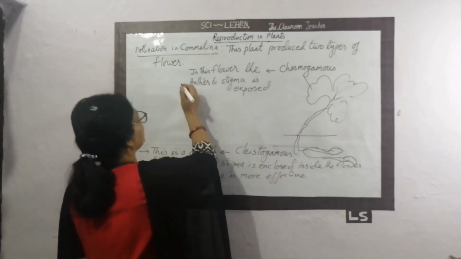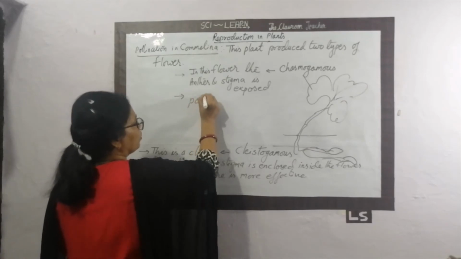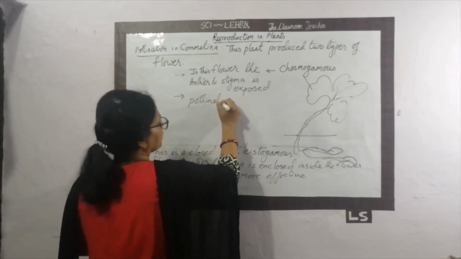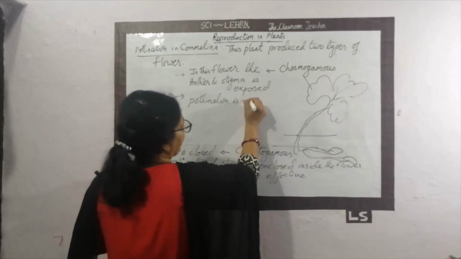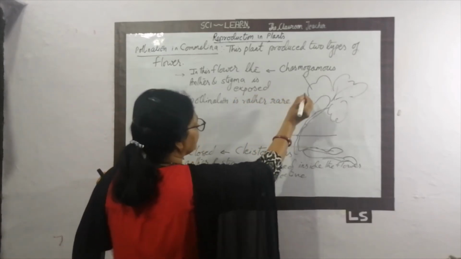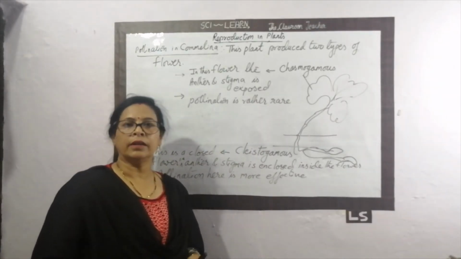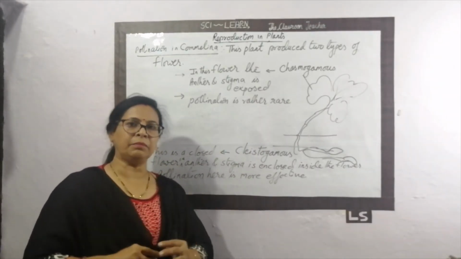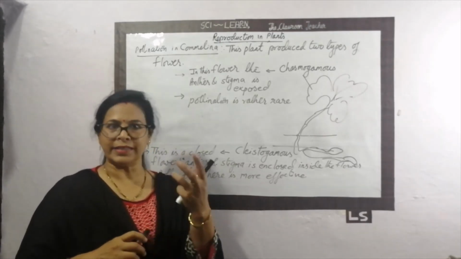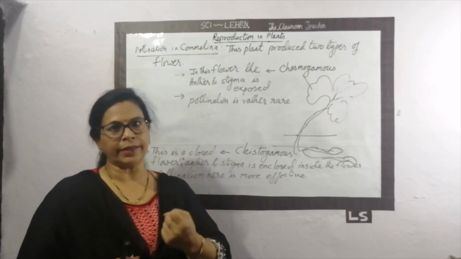Okay, here the pollination is rare. Why? Pollination is rather rare. Why is it rare? As I told you, in this condition, the stigma and the anther are ready at the same time. When the anther dehisces, pollen is released, and the stigma must collect that pollen.